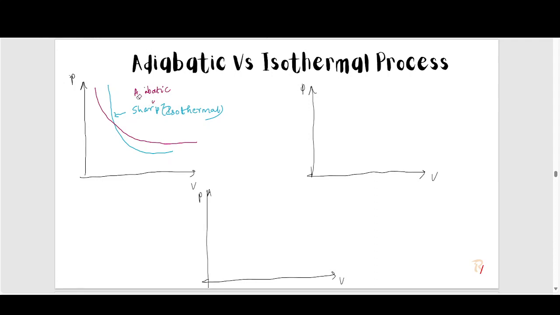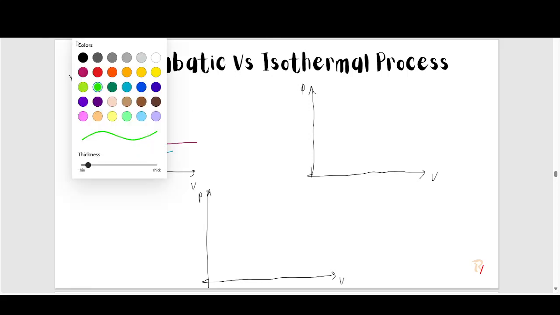Sorry, let me explain clearly with another color. Let me take green.